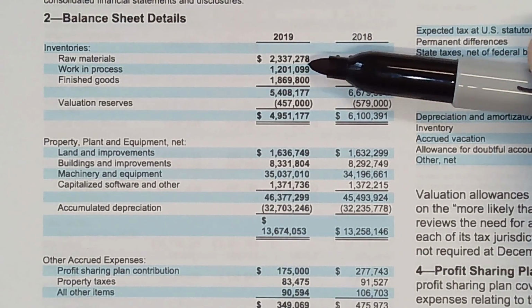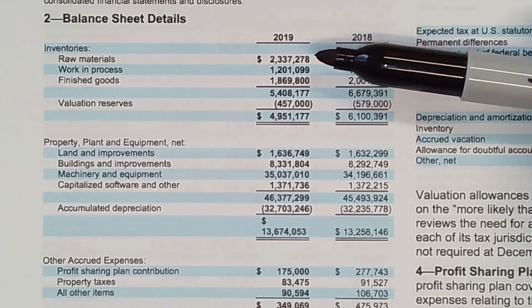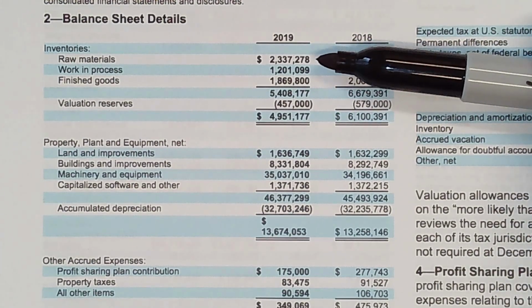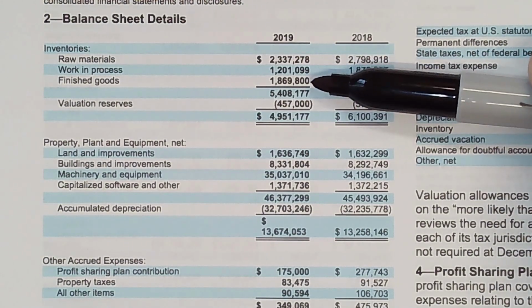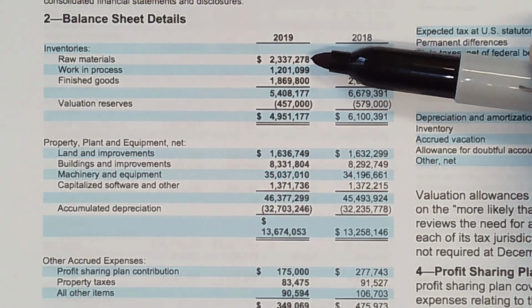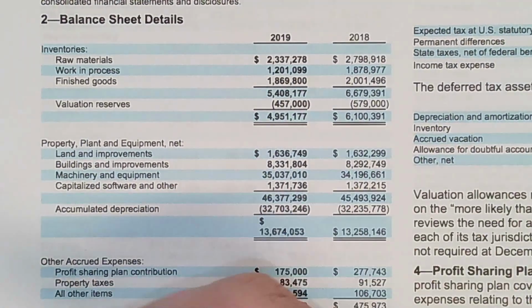If we think about these inventories, as I am constructing the product at Chicago Rivet and Tool, I'm buying raw materials, I'm having people manipulate those raw materials, and this is how much is still in process, and then I have finished goods that I have still yet to sell. So you're going to see raw materials flow from raw materials inventory to work in process to finished goods, and then out the door, right?